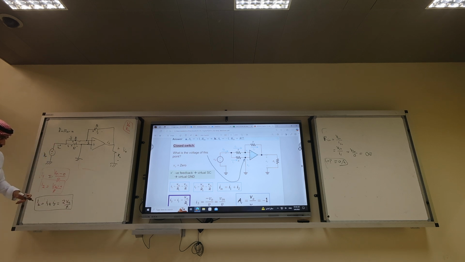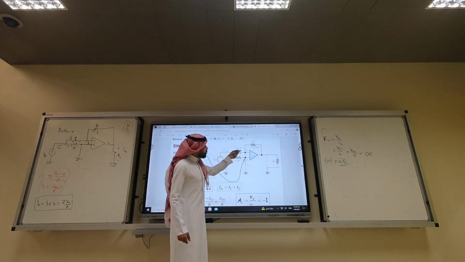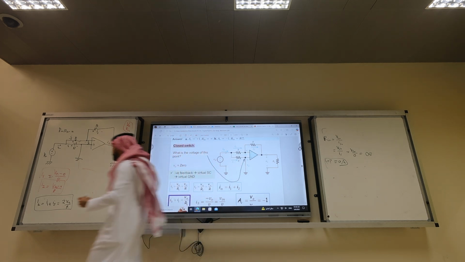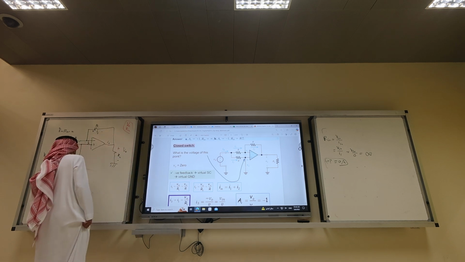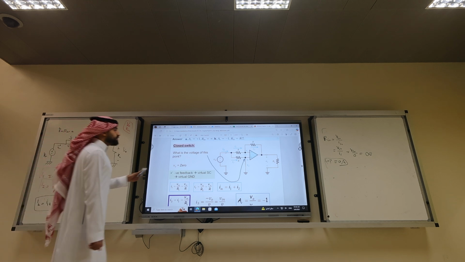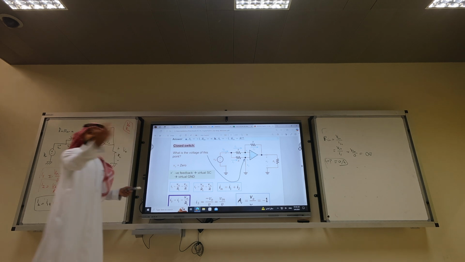Can I1 go inside this triangle? No. So I3 is equal to I1, another useful equation. So what is V output? I can have another expression of I3.